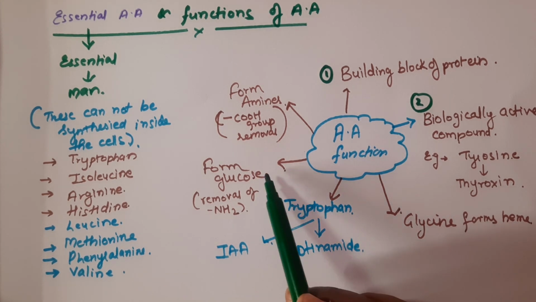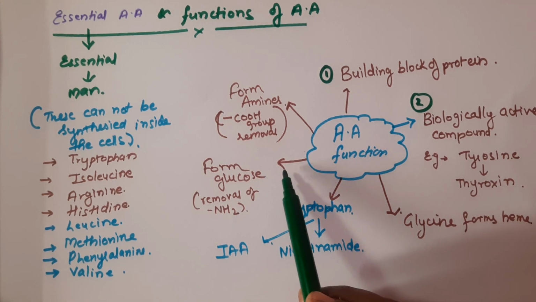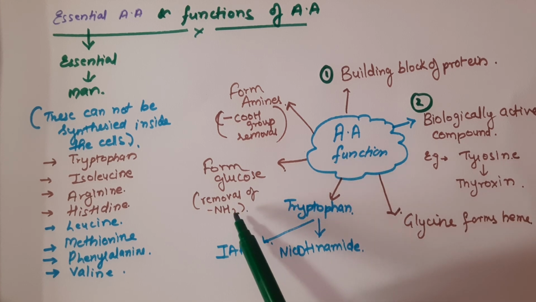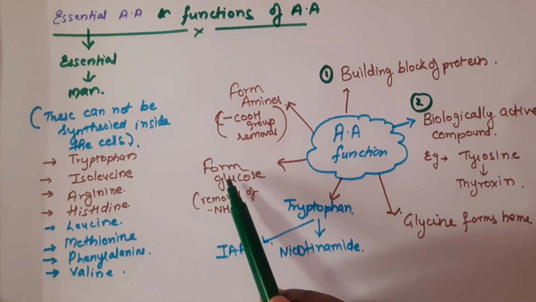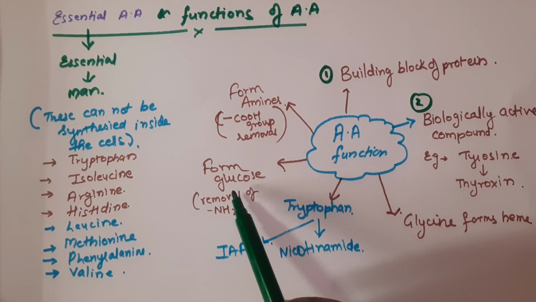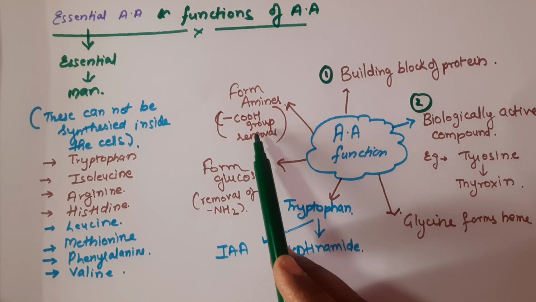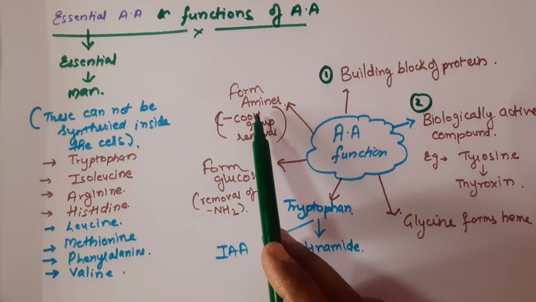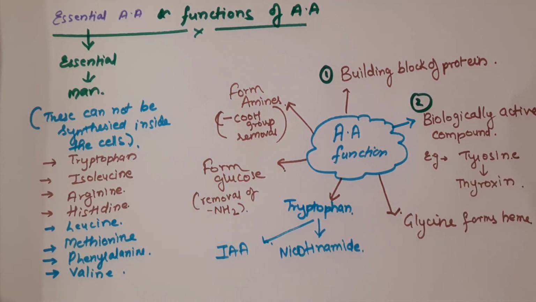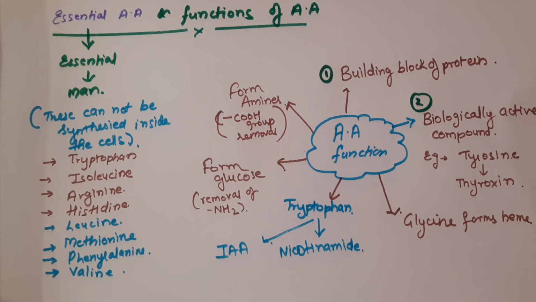If the amino acid chain loses the amino group, then many amino acids will form glucose. And if there is a removal of the carboxyl group, amino acids will form amines. Okay, so these are some functions of the amino acid. I hope it is clear to you. Thank you for watching the video.